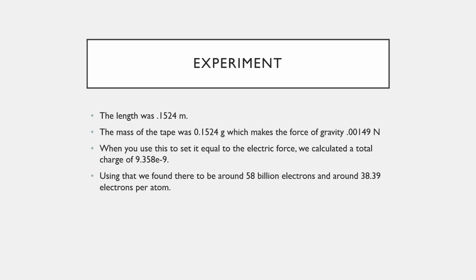Because the force of electricity and gravity must be equal when the tape starts to repel, we set that equal to the electric force, and that's how we calculated the total charge of 9.358e-9. Using the formula that they give us in the instructions, we found there to be around 58 billion electrons, which led to the 38.39 electrons per atom figure.